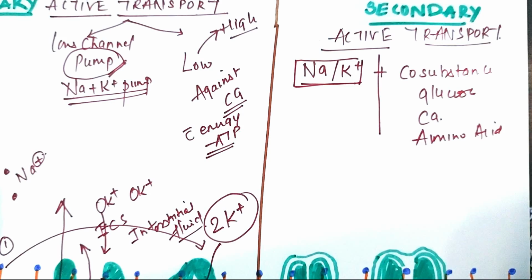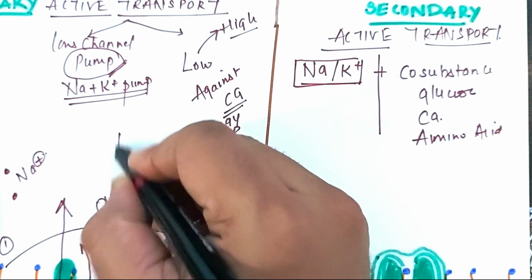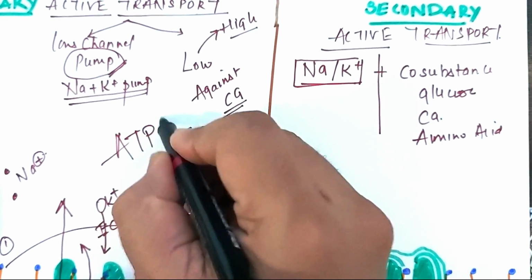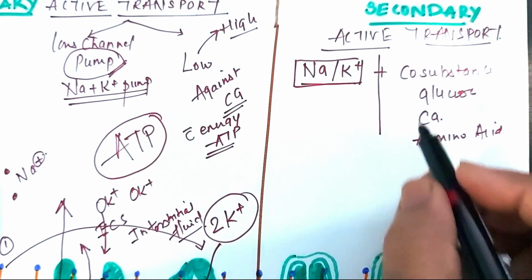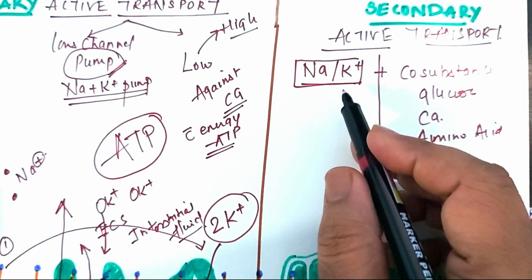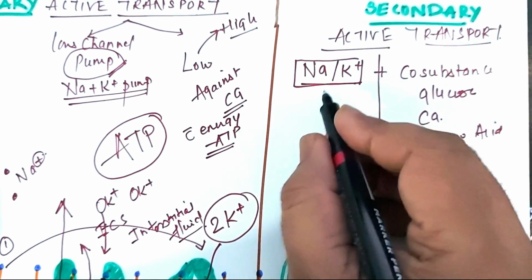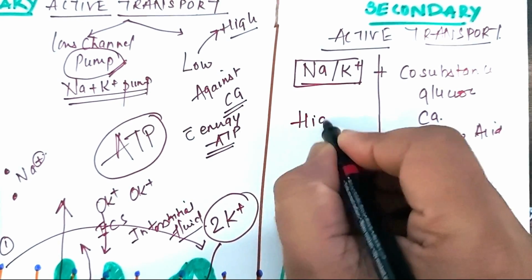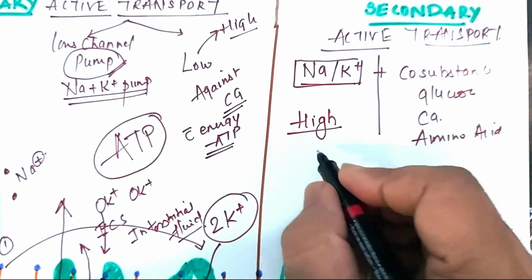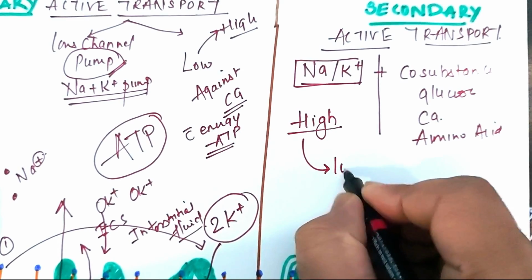Now in active transport you got the energy with the help of the ATP molecule. Here the energy is provided by the molecules which are moving from high concentration towards low concentration.